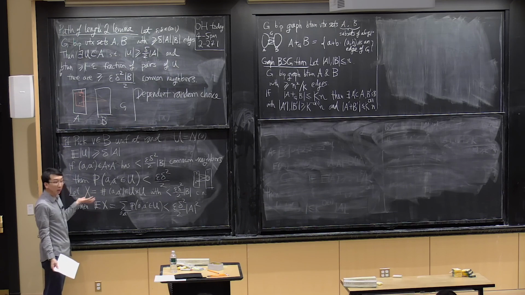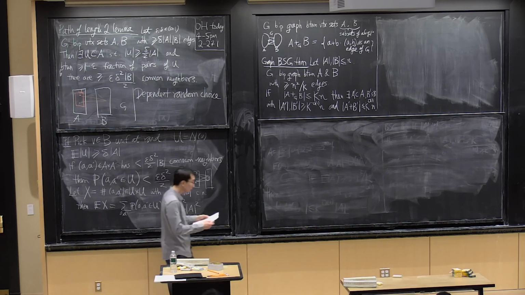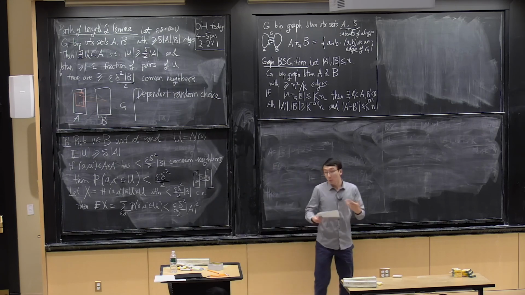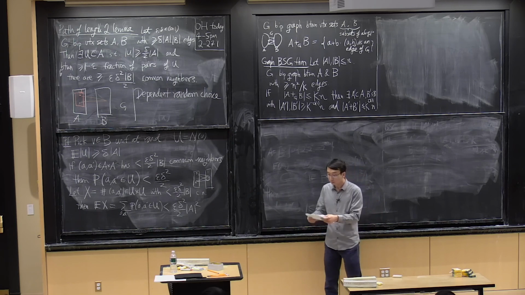So typically, at least in expectation, you do not expect very many pairs of elements in U with few common neighbors. But we can also turn such an estimate into a specific instance. Right?